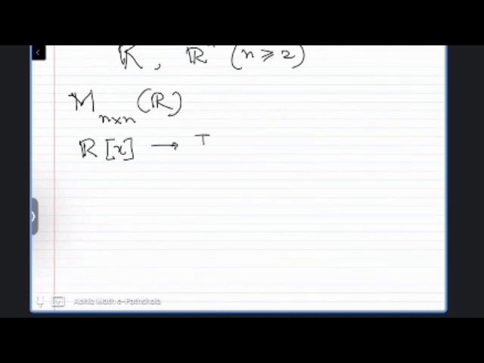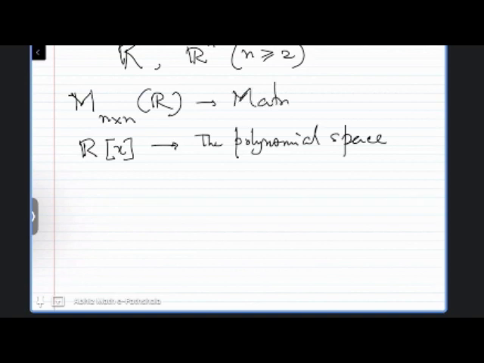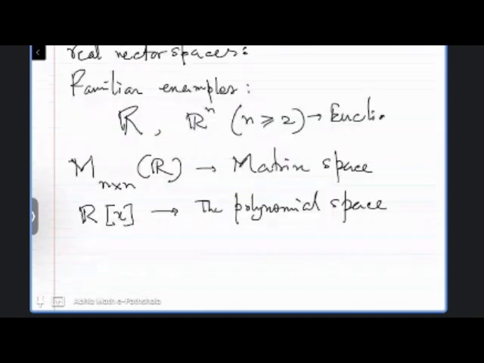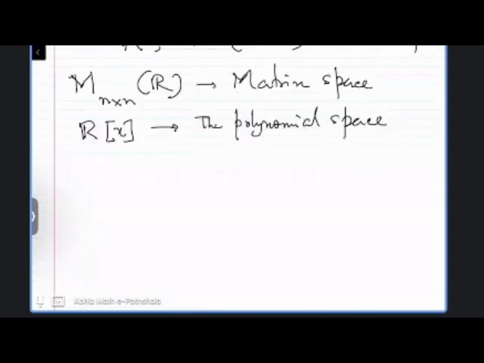So these are quite familiar examples of real vector spaces.